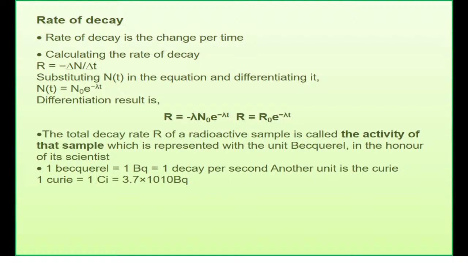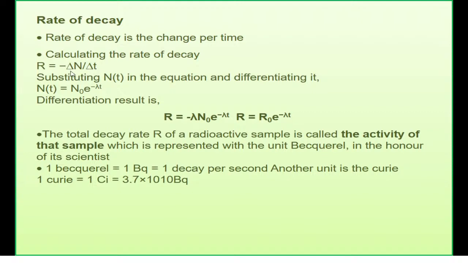One more characteristic of nuclear decay may be suggested. It is the rate of decay: how many decays will take place per unit of time. The rate of decay is represented as the change of the number of radioactive nuclei within this period of time.